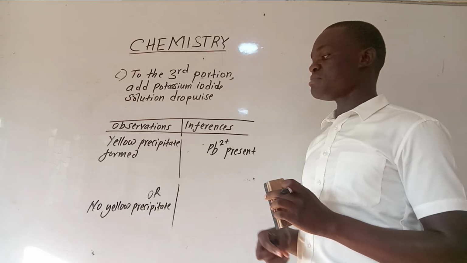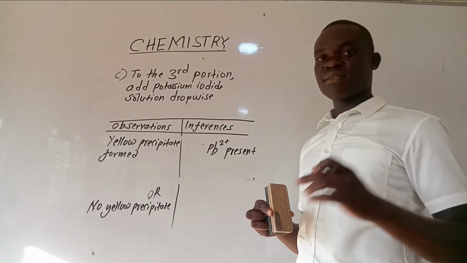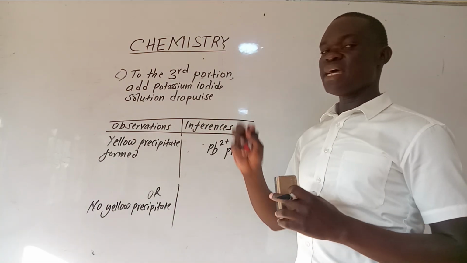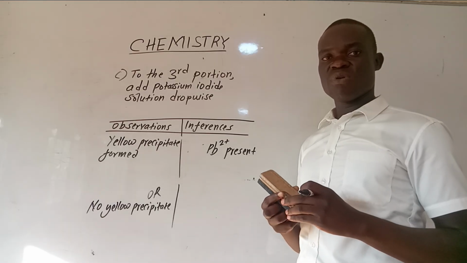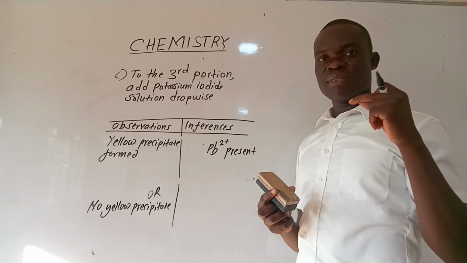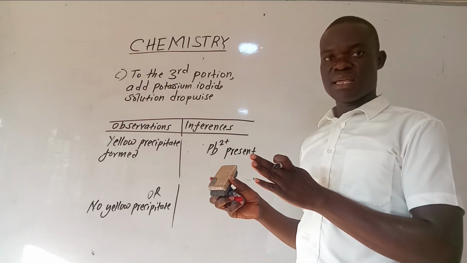No yellow precipitate. That means I read my notes and I knew that when I am given potassium iodide, what I have in mind is that there must be a yellow precipitate forming by the time I'm using this reagent.